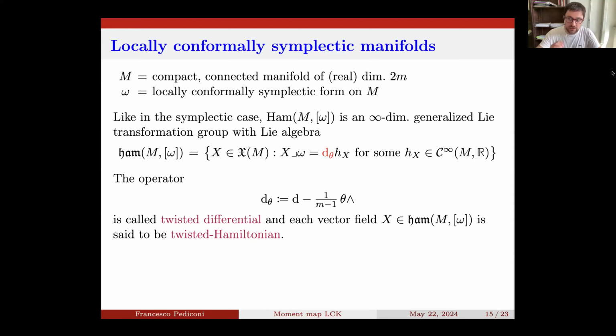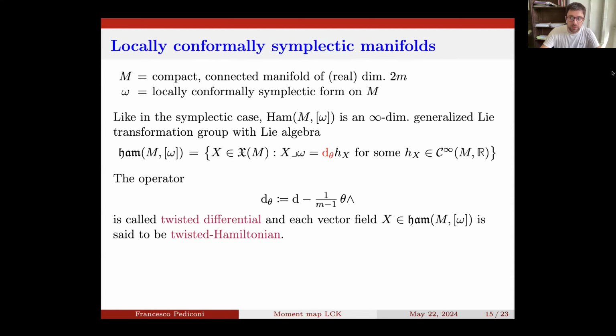That is, the twisted differential d theta is defined as d minus 1 over m minus 1 theta wedge. And this is precisely the equation that defines the so-called twisted Hamiltonian vector fields on the conformal symplectic manifold M omega. Okay, so we recover something from the symplectic case.